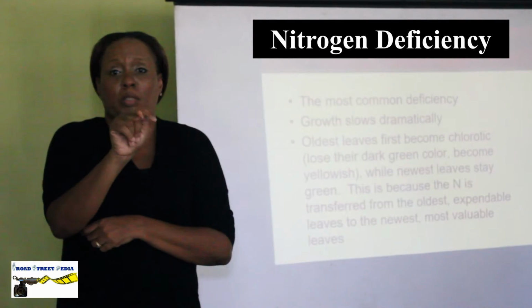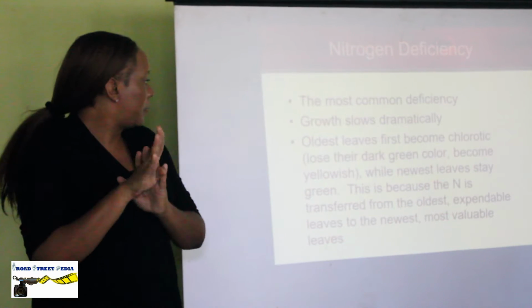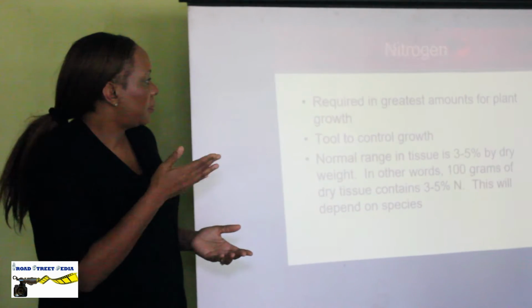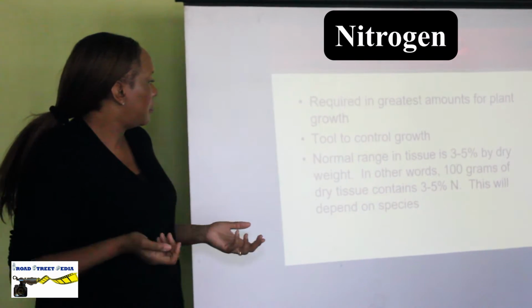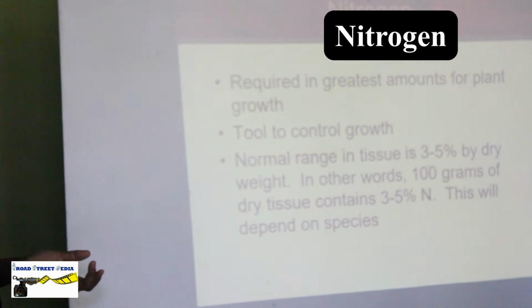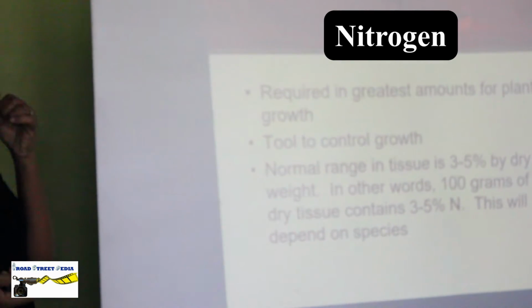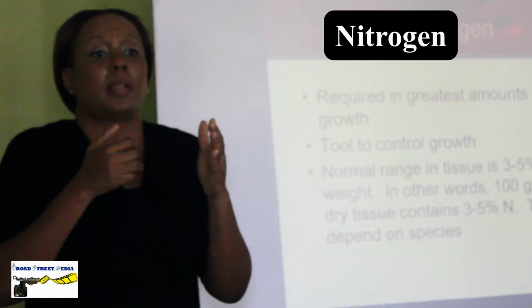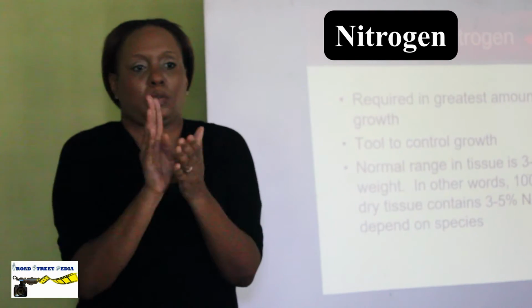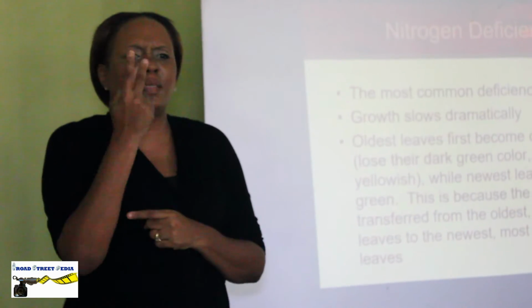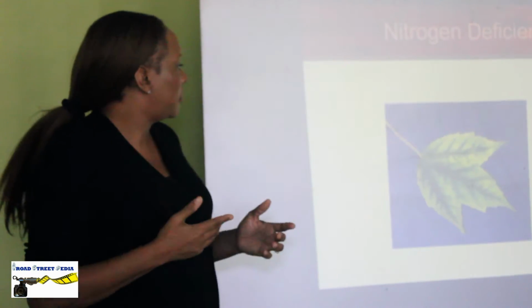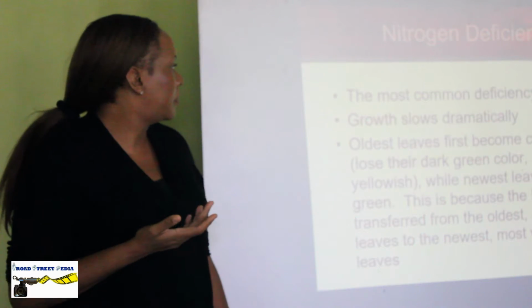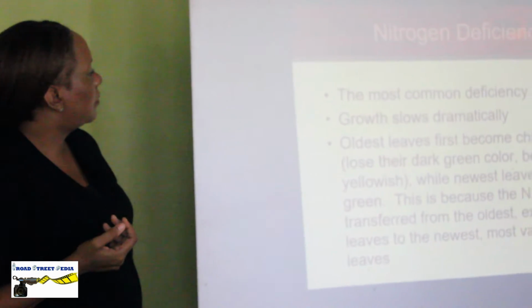When you see the N, it is required in the greatest amount for plant growth. Deficiency in nitrogen is the most common deficiency.